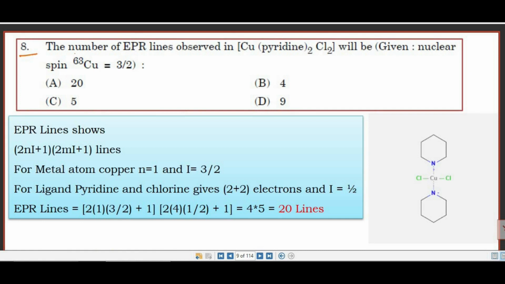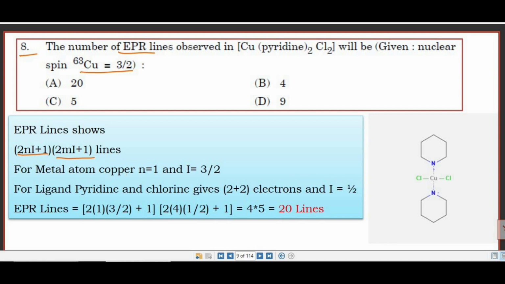Question number 8. The number of EPR lines observed in Cu(pyridine)2Cl2 will be given. The nuclear spin of copper is 3/2. In the EPR lines, there are two different splittings. One is the splitting by copper and another is the splitting by pyridine and chlorine. Here you write 2NI plus 1 into 2MI plus 1 lines.